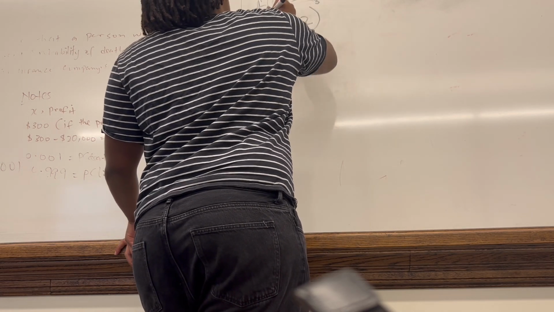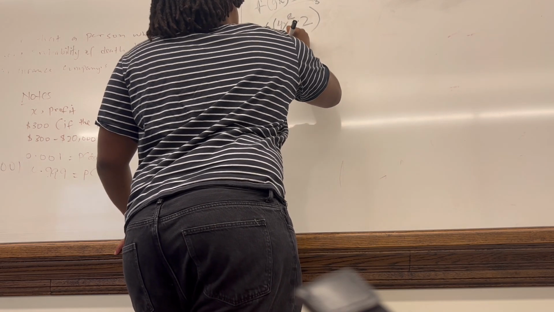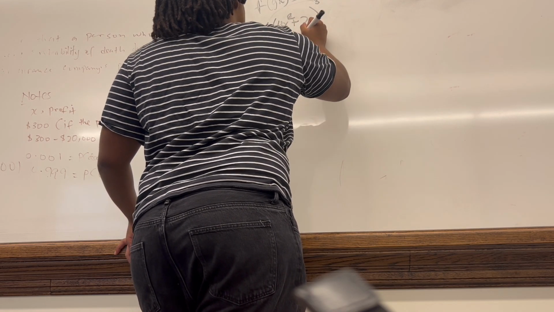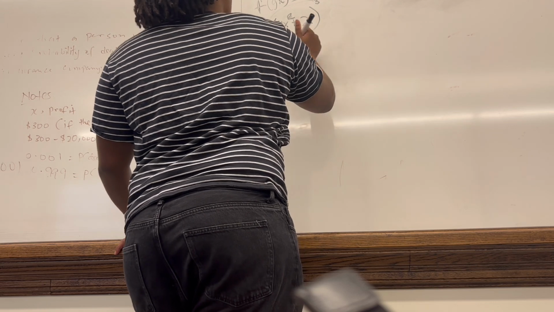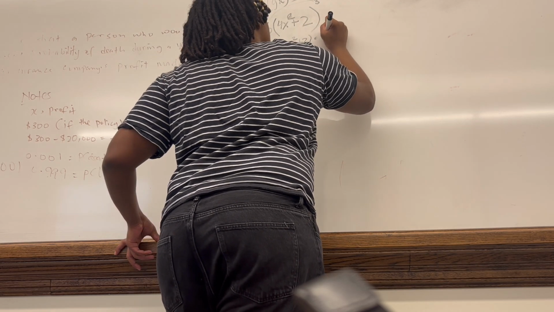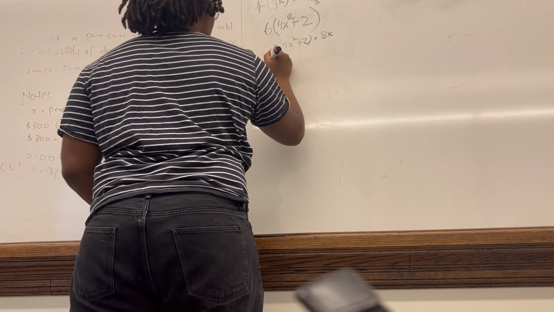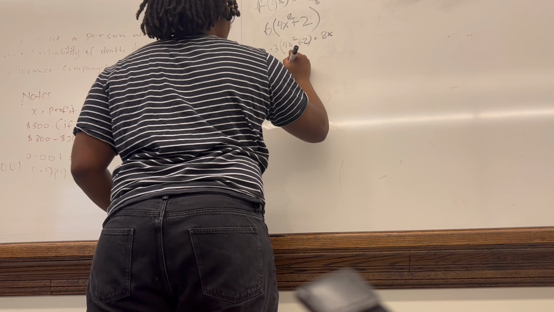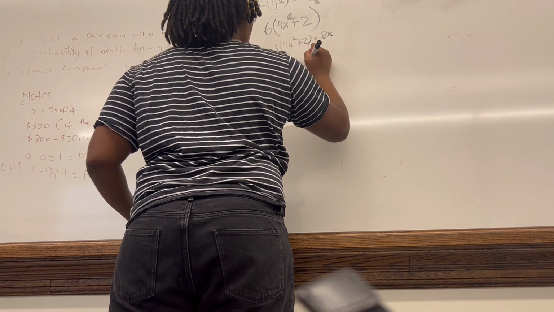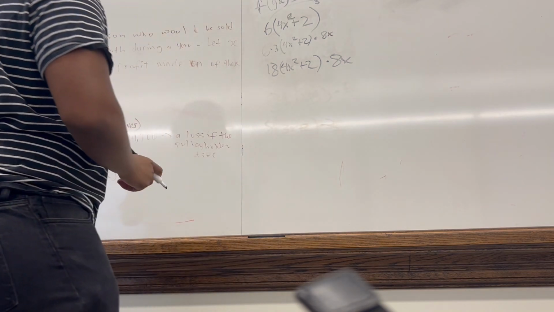Move the 3 to the front, so it becomes 6 times 3, keep 4x squared plus 2 the same, and write the derivative of the inside, times 8x. Again, very simple, not super complicated. Just like that.